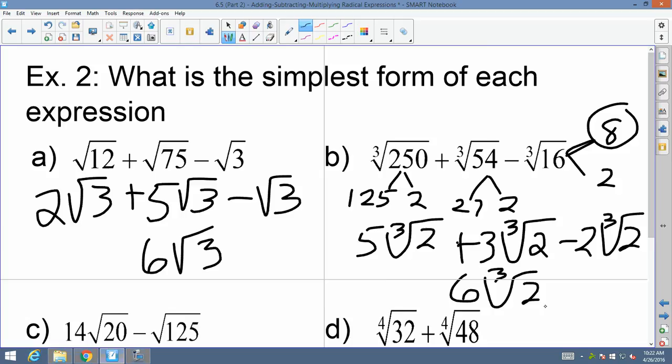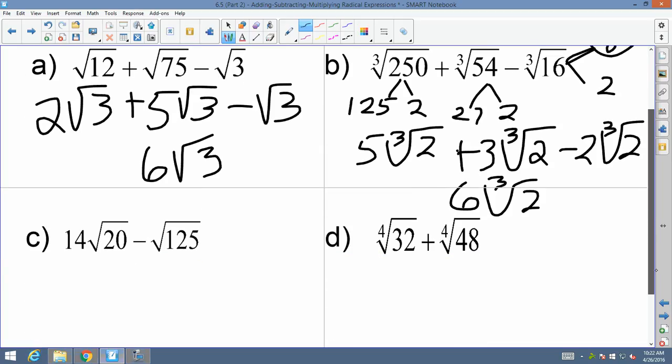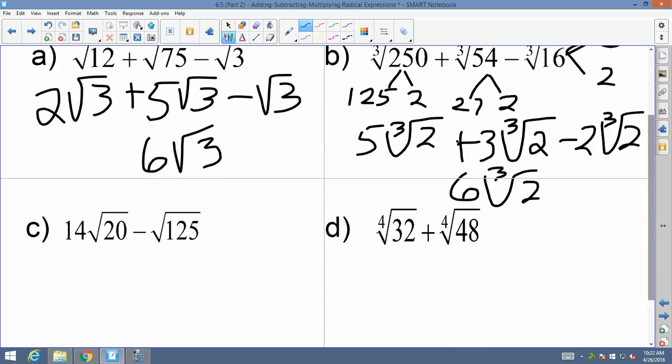Okay, C. 14 square root of 20 minus square root of 125. What can I break down that square root of 20 into? 5 times 4, so what would that equal? 2 square root of 5, but what's 2 times 14? Excellent. So 28 square root of 5.